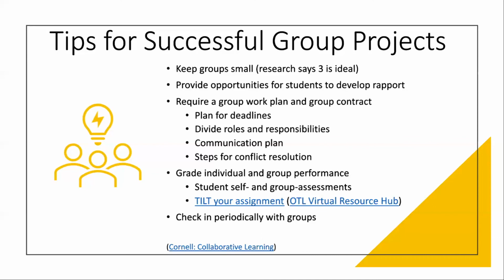So you want to have them plan for the deadlines. How are they going to reach the deadlines? Who's going to do the work? So what roles might you have? You might have someone who takes notes during meetings. You might have someone who structures the slides for the group presentation, whatever the case might be. You might want to consider having students switch those roles.